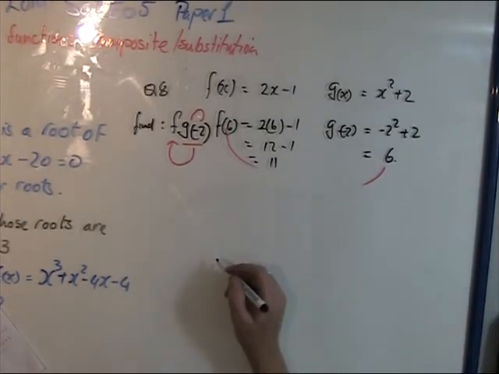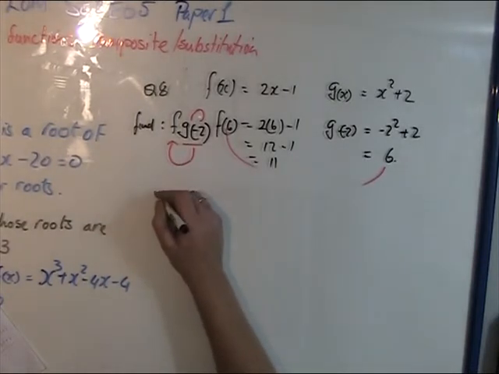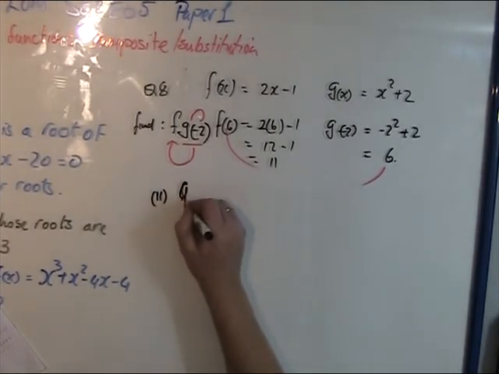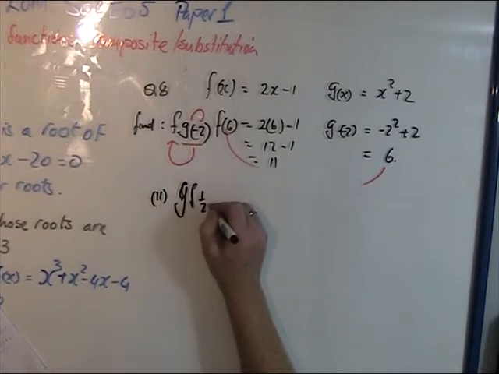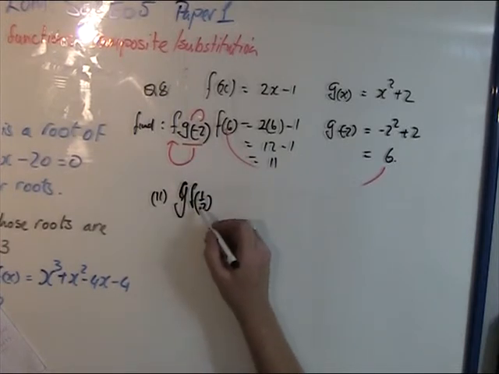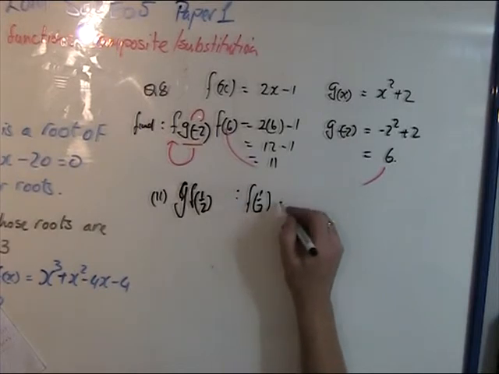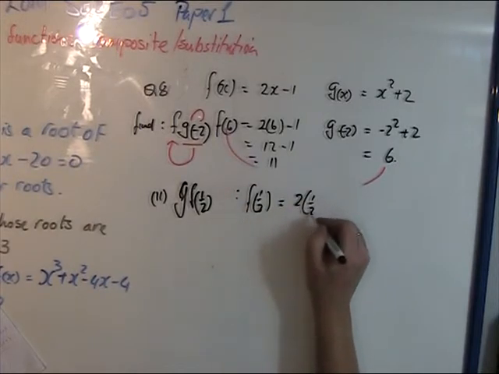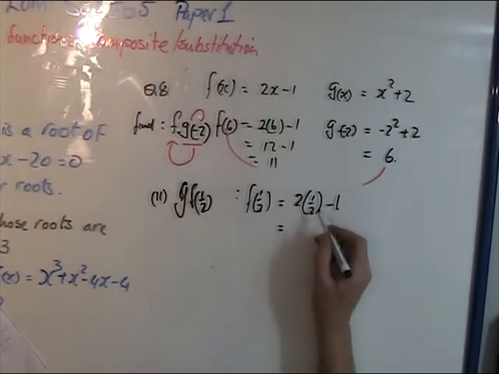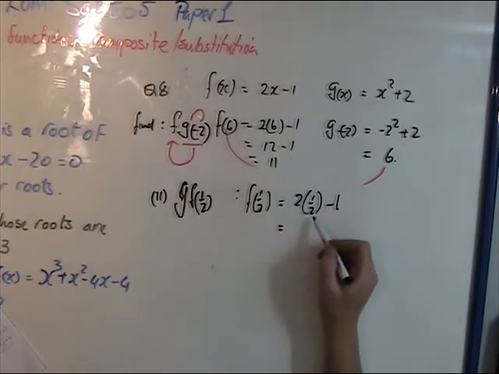Now it says part 2, g f of a half. Alright, so now I have to put in f of a half first. Okay, so f of a half is equal to 2 times a half minus 1, which is equal to 2 times, the top by the top, the bottom by the bottom.